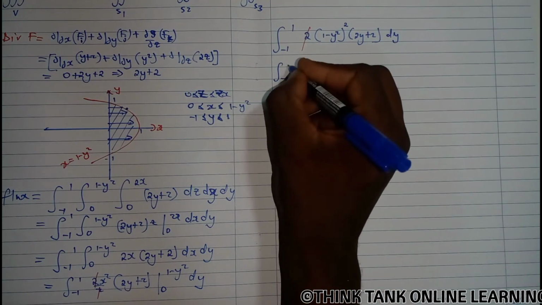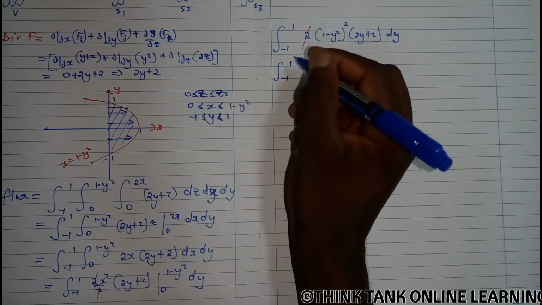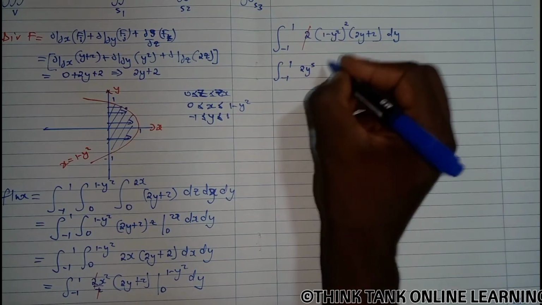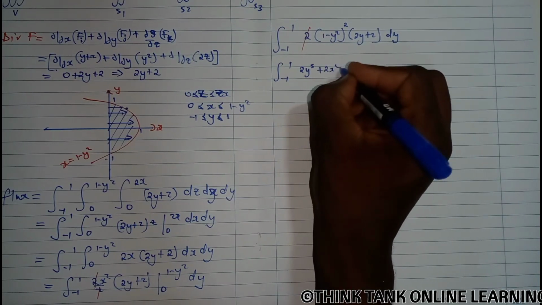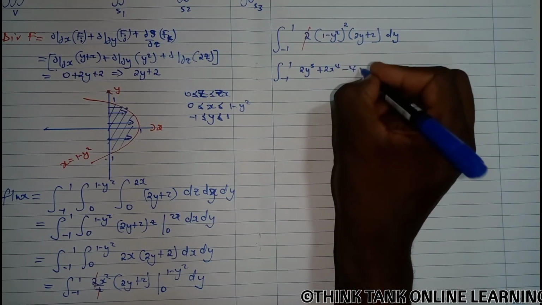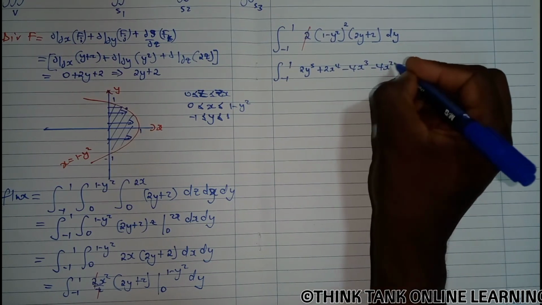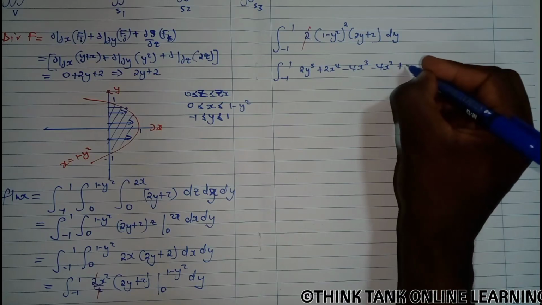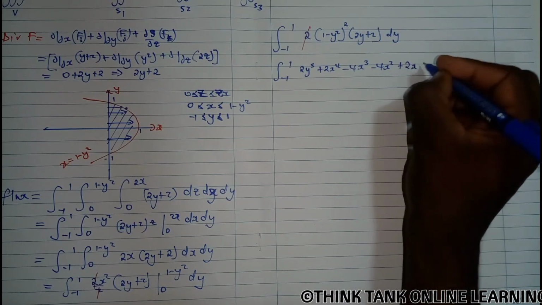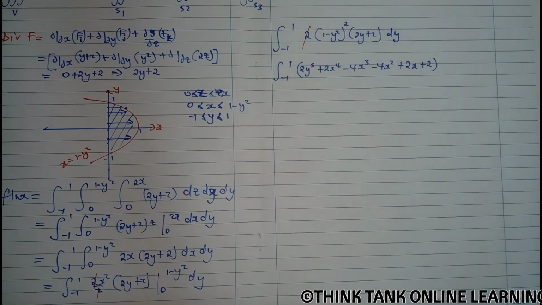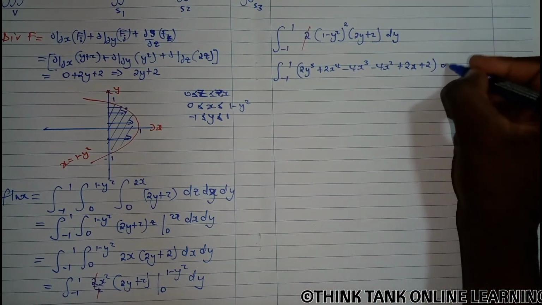So I'm going to have negative 1 to 1, and we're going to have 2y to the power 5 plus 2y to the power 4 minus 4y to the power 3 minus 4y to the power 2 plus 2y plus 2. Since we're in y, this should be y.